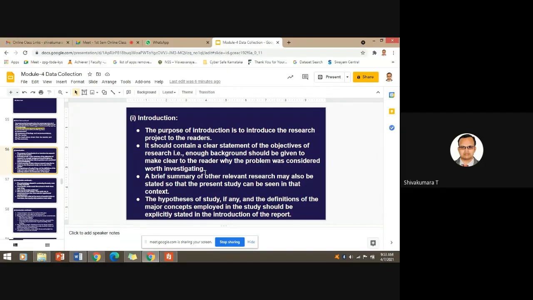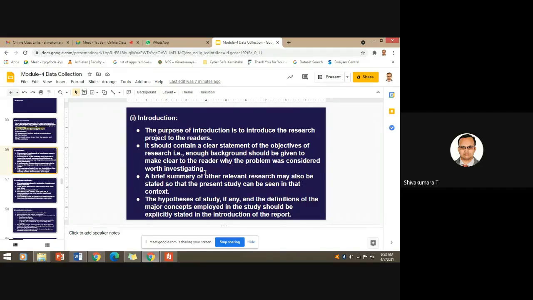You are required to give in-depth detail about the topic of your interest, which is going to be carried out as research. So you need to give the complete information about that. That's why I expected you to download at least 20 papers.